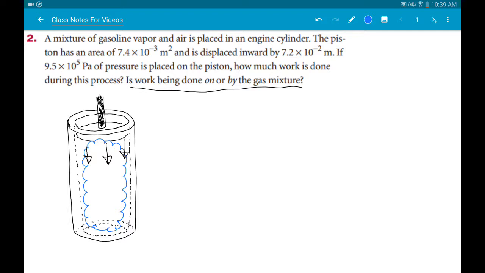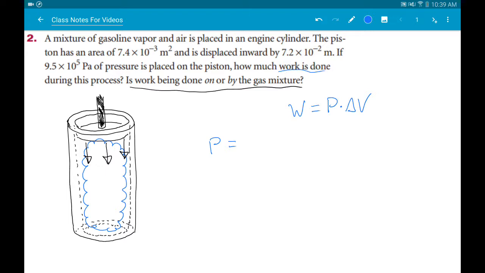Okay, so once we've got that, then we simply have to use our equation of work equals pressure times change in volume. The question is, how much work is being done during this process?